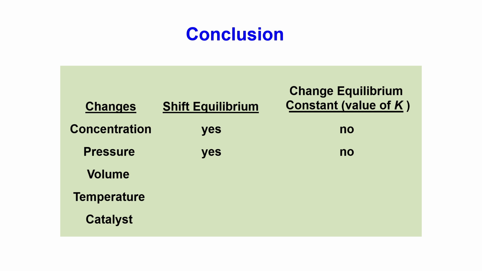Okay, for volume, okay, will shift the equilibrium, yes, and the change in constant value, no. Temperature, yes, shift the equilibrium, and it will change the equilibrium constant, the value of K. Okay, the only factor. And for catalyst, okay, catalyst does not change the shift of equilibrium, and then the change in equilibrium constant also does not change.